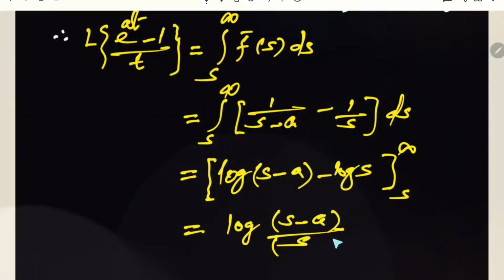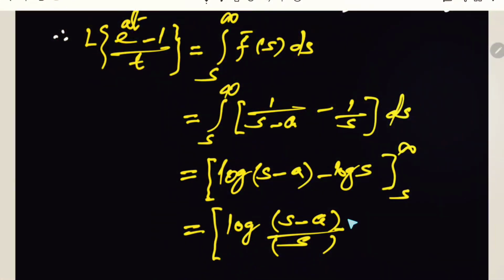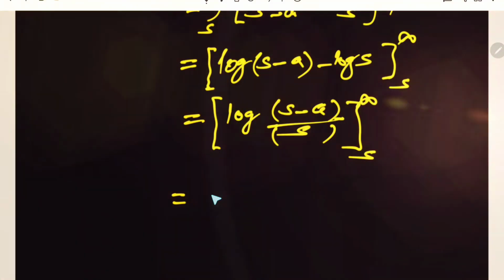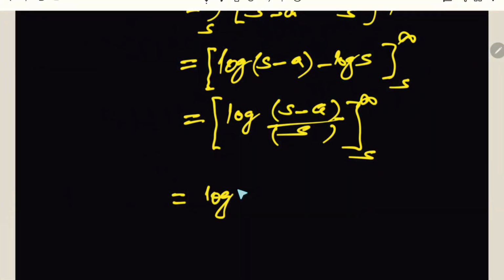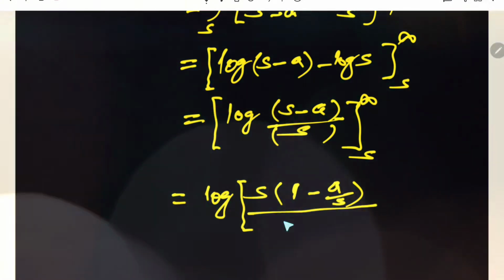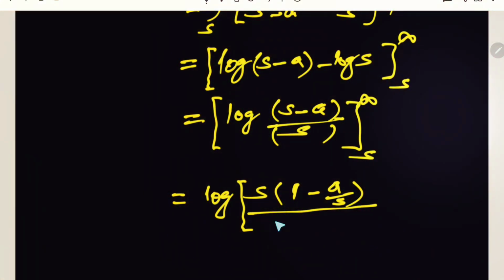We are not able to substitute the limit directly here. What we do, we rewrite it by taking s common from numerator and denominator. We get log of s into 1 minus a by s, divided by s, so that the s's get cancelled, with limits from s to infinity.